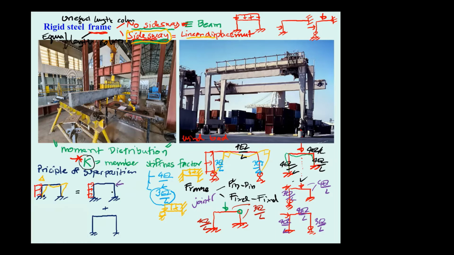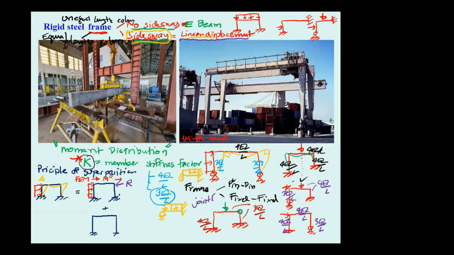Okay, by analysis of this, the external load will produce the fixed end moment in the members of the frame, and this fixed end moment will produce the end moment M super naught like this, and the M super naught will bring us to determine the resistance force R for the linear displacement.